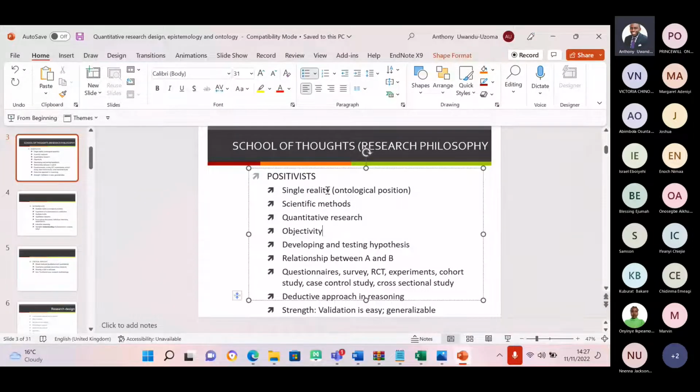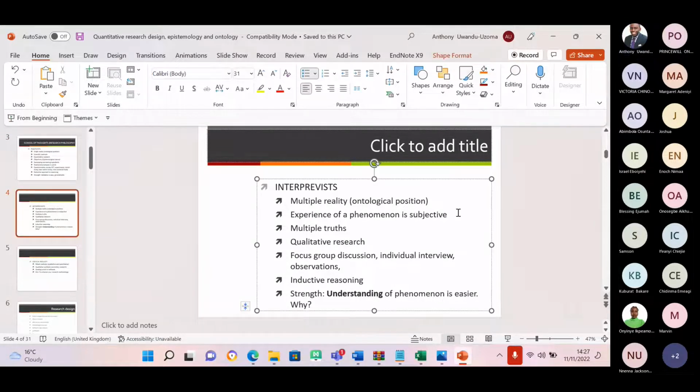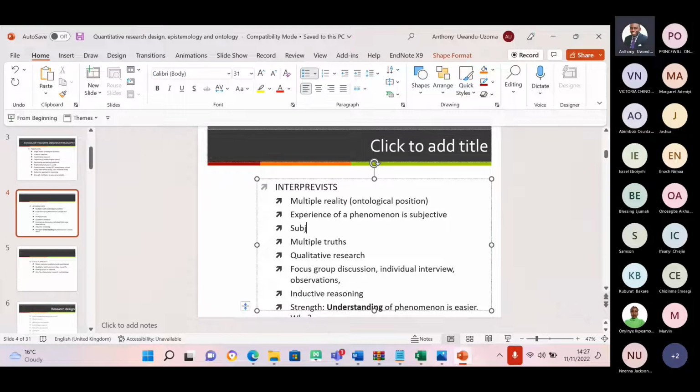For the positivist, your epistemological stance is a stance of objectivity. See that? Objectivity. While for the interpretivist, your epistemological stance is subjectivity. Subjective.